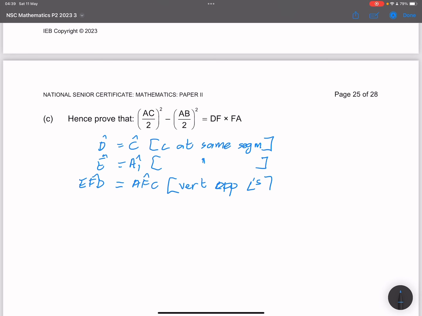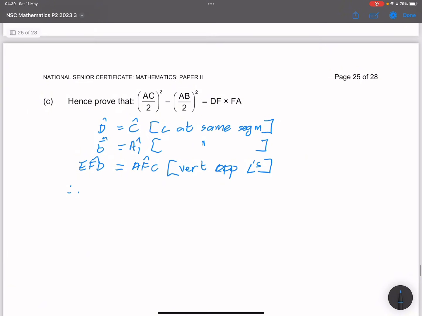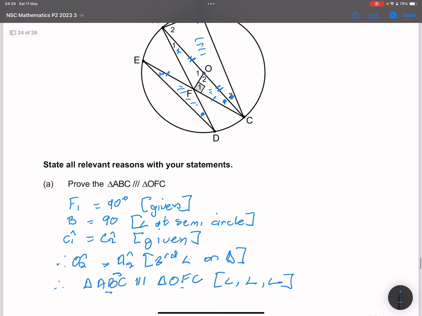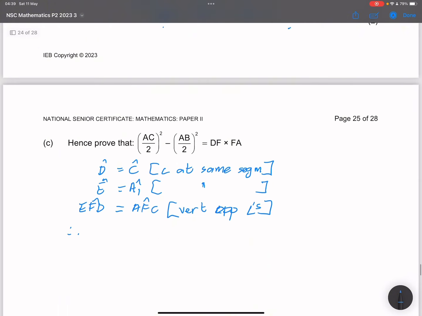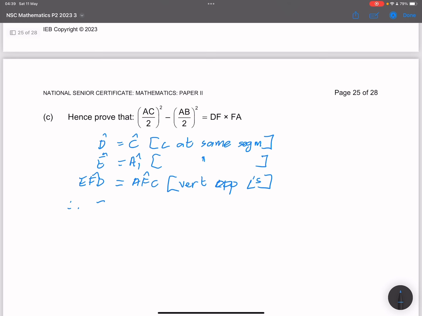And therefore, that means that triangle EFD is similar to triangle AFC.